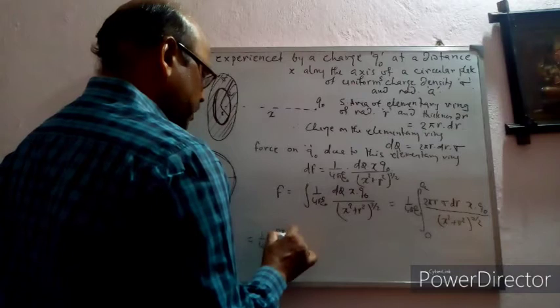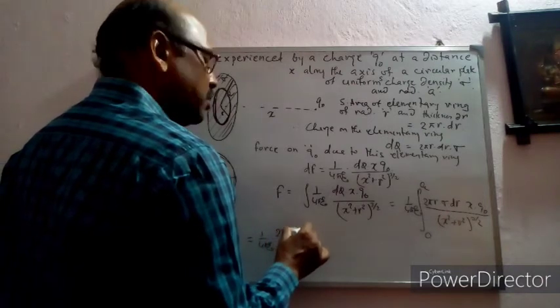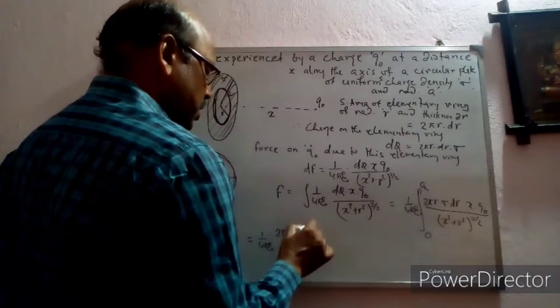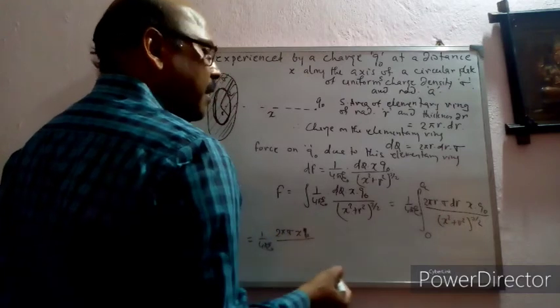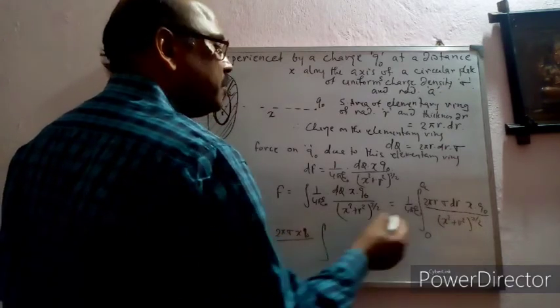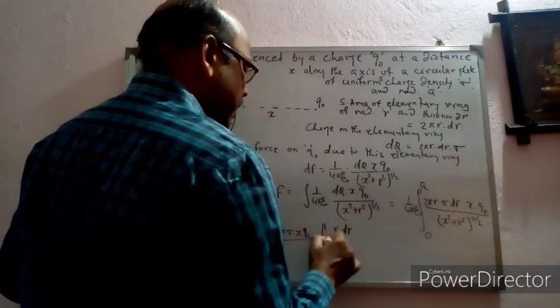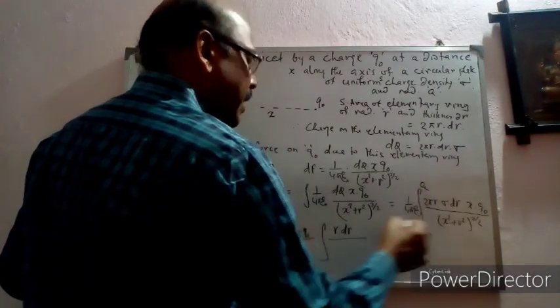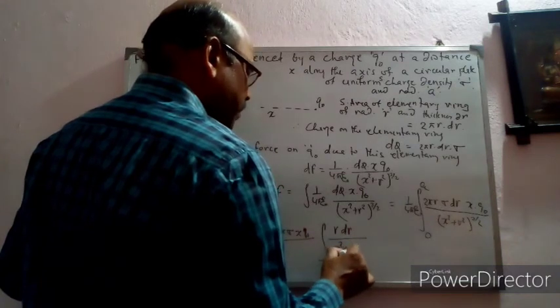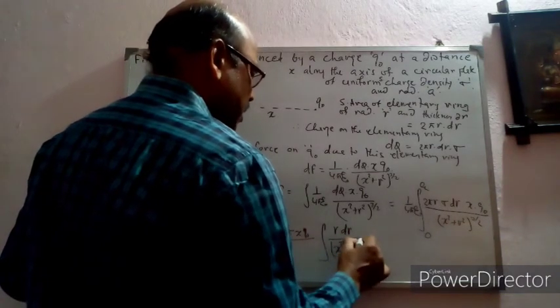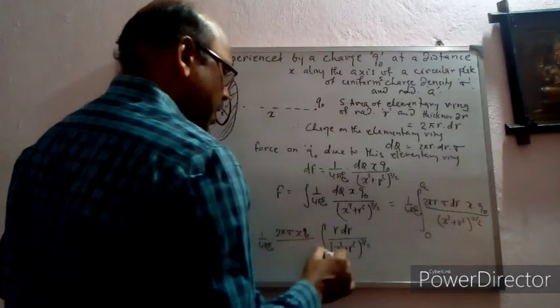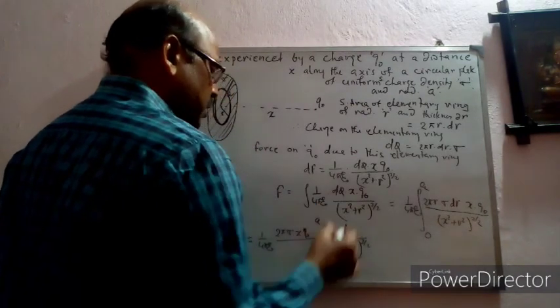These constants are out, and the integration of the remaining terms becomes r dr by (x square plus r square) to the power 3 by 2, r varying from 0 to a.